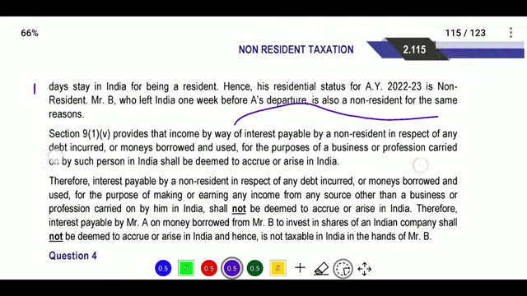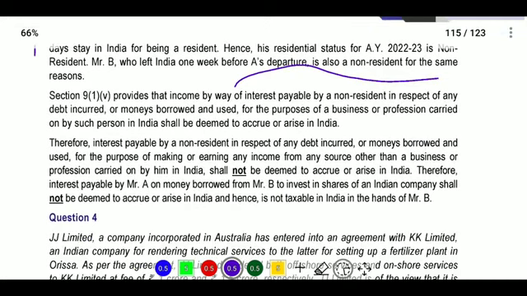Now here both are non-resident. Then section 9(1) provides that income by way of interest payable by a non-resident in respect of any debt incurred or money borrowed and used for the purpose of business or profession carried on by such person in India shall be deemed to accrue or arise in India.